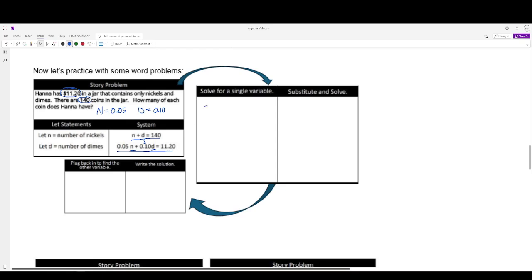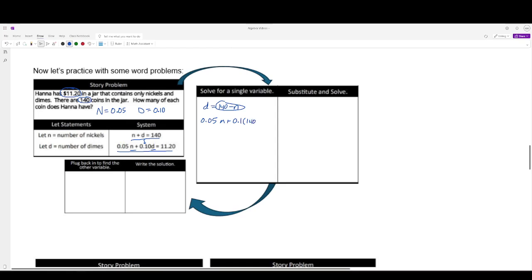So solve for a single variable. D equals 140 minus n, or negative n plus 140, same thing. So we've got that. Then we're going to substitute it into the other equation. So this 140 minus n will take the place, so I have 0.05 n, that stays the same, plus 0.1, and now I'm going to plug in this expression where d was.